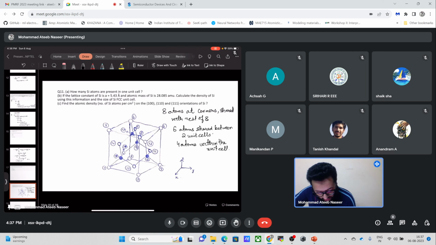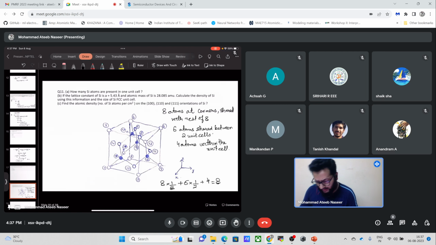So the total contribution will simply be 8 into 1 by 8 plus 6 into 1 by 2 plus 4. It would simply give me 8. So the number of atoms in this silicon unit cell would be simply equal to 8.